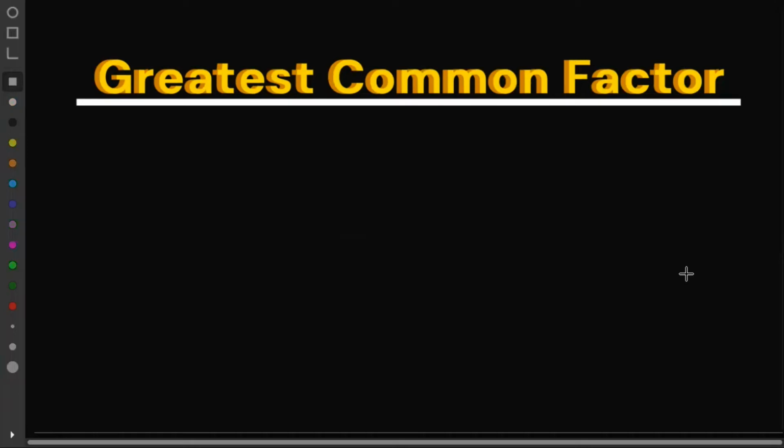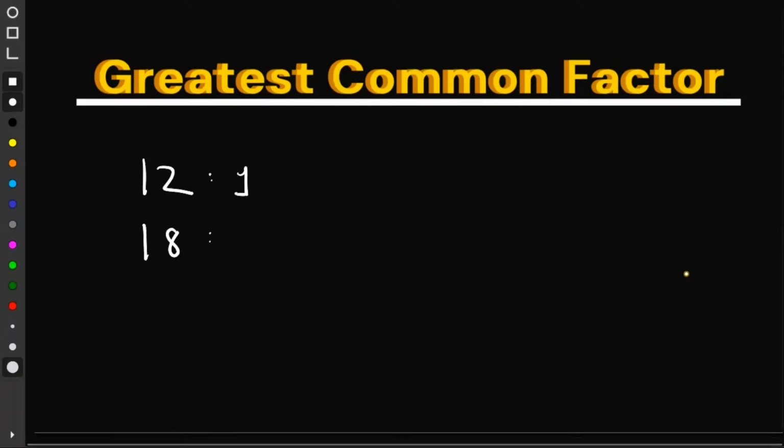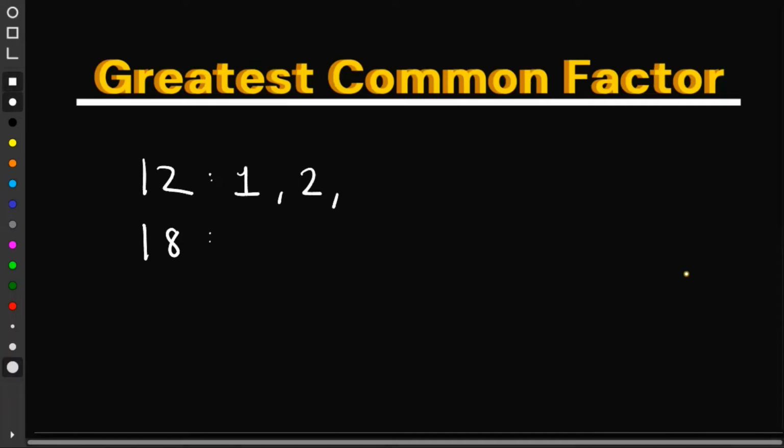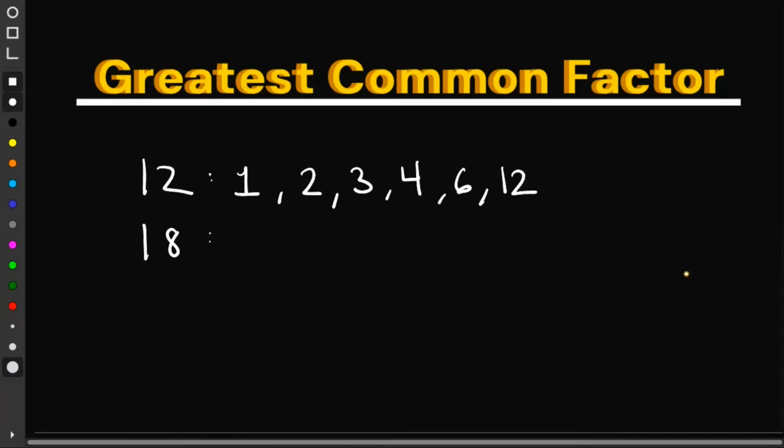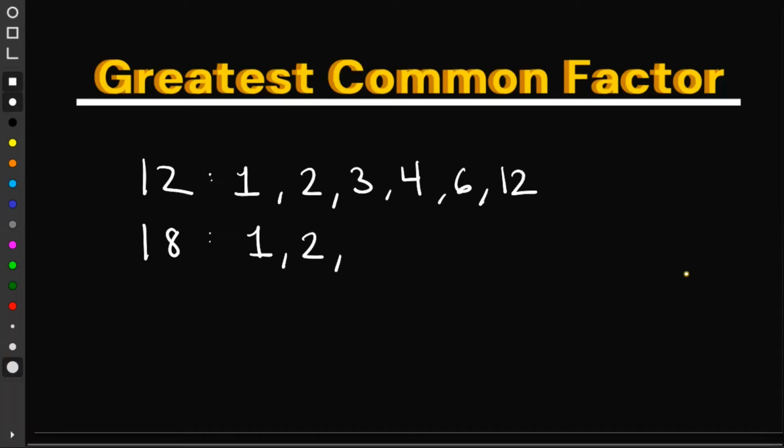Let us try another example. Say we have 12 and 18. To get the greatest common factor, the first thing that we can do is to list out the factors of the numbers. So for this one, 12 has factors 1, 2, 3, 4, 6, and 12. For 18, we have 1, 2, 3, 6, 9, and 18.